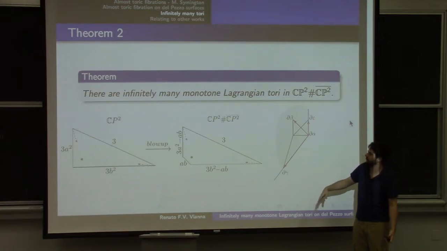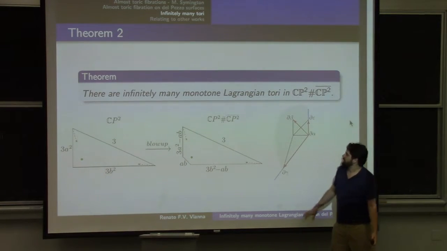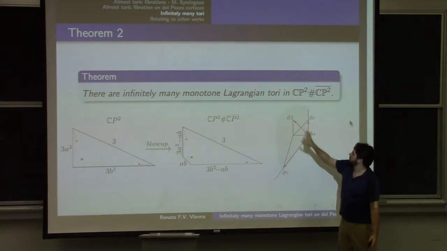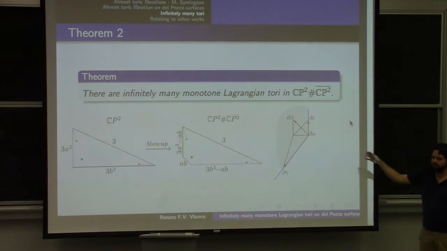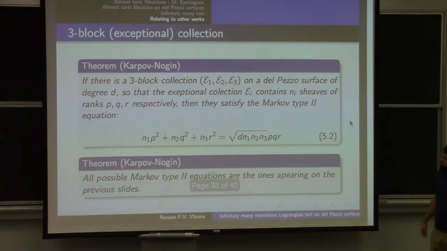So this also proves that infinitely many of these Lagrangian tori must be distinguished, but it doesn't show which one is which. But again, now by the theorem of Tokonov and Paskalev, it's an exercise to prove that each one of these is going to give you a different choice.